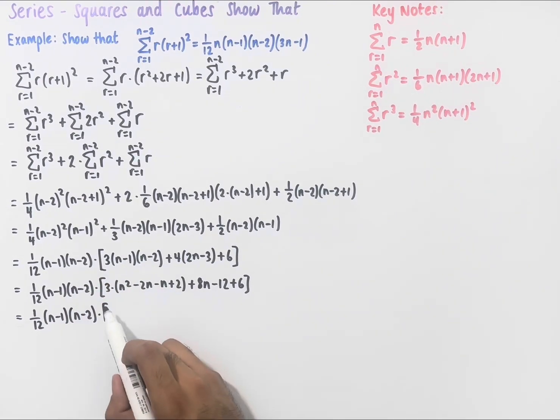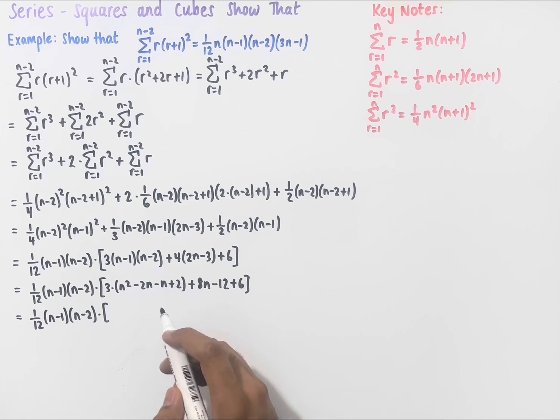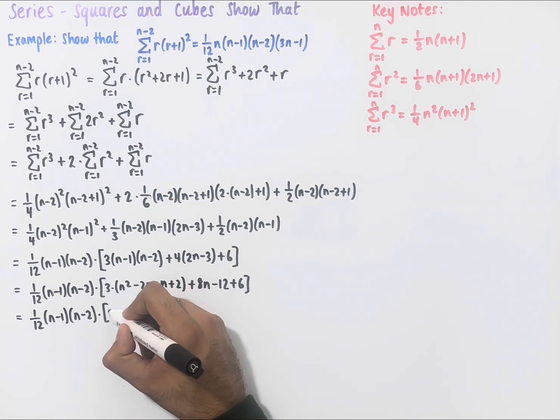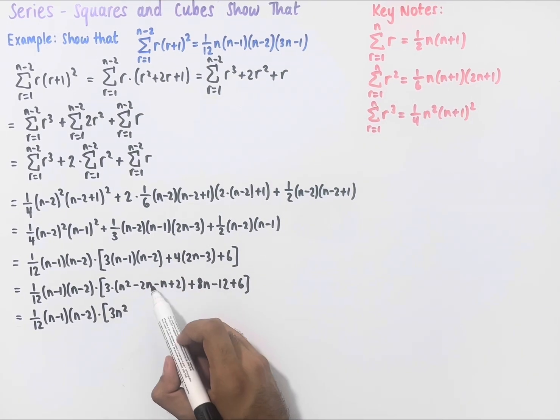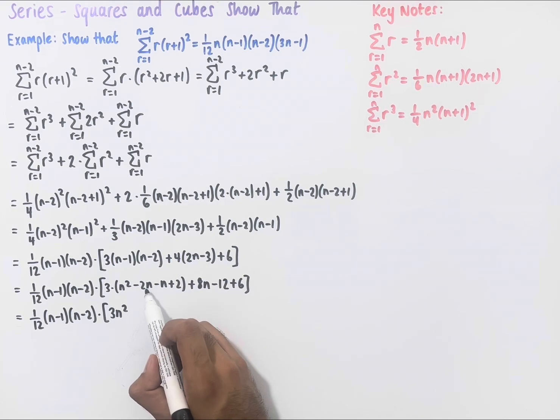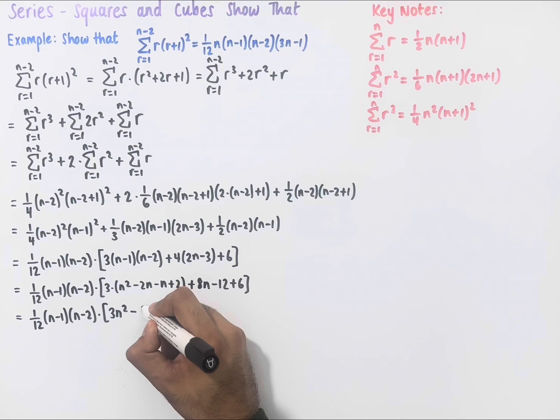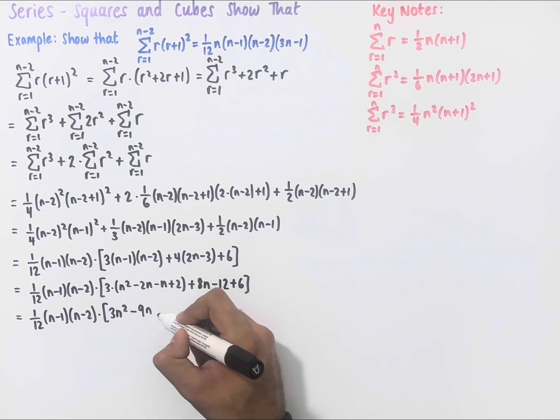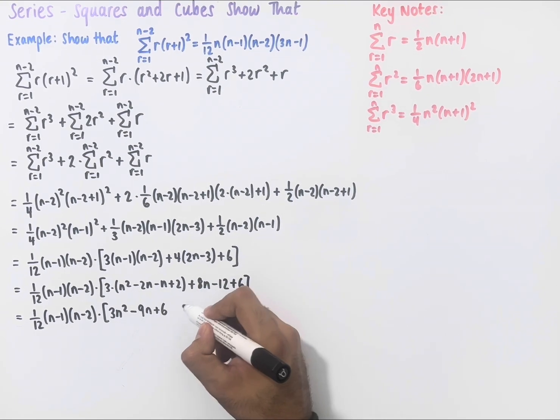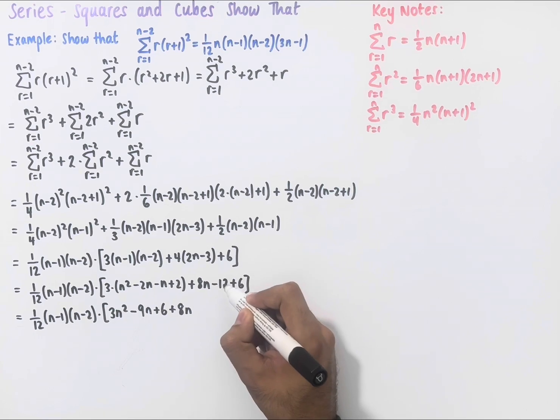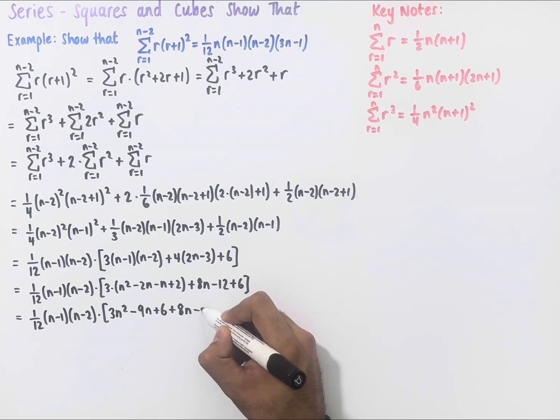Now in the square brackets, if we expand the 3 out with each of these terms, we end up with 3 times n squared, which is 3n squared. We then have minus 2n minus n, which is minus 3n, and minus 3n times 3 is minus 9n. Then we have 3 times 2, which is 6. Then we get plus 8n, and then minus 12 plus 6 is equal to minus 6.